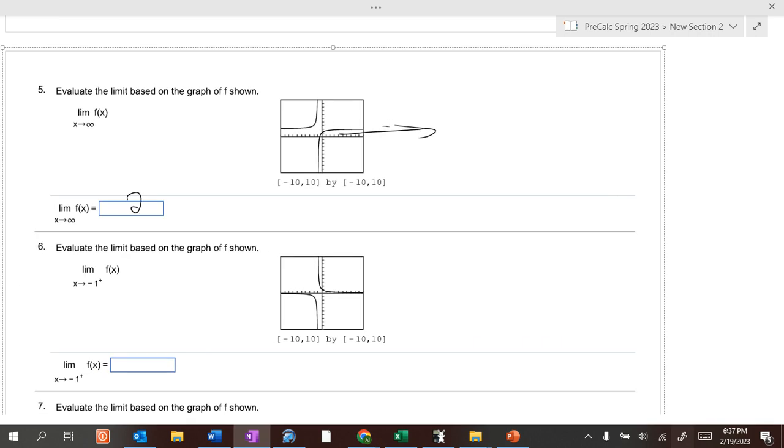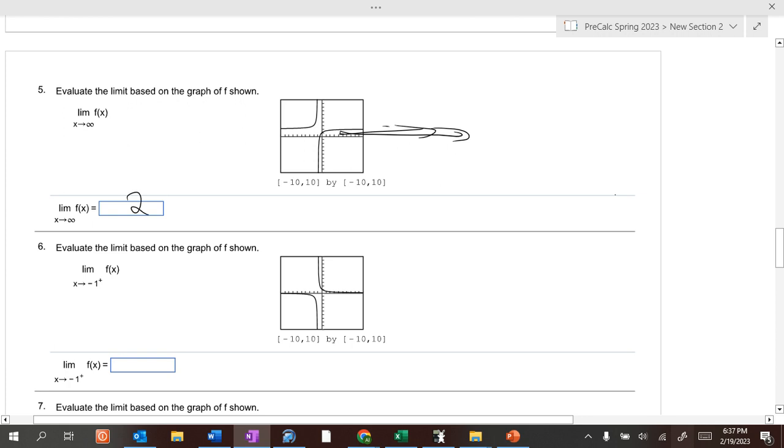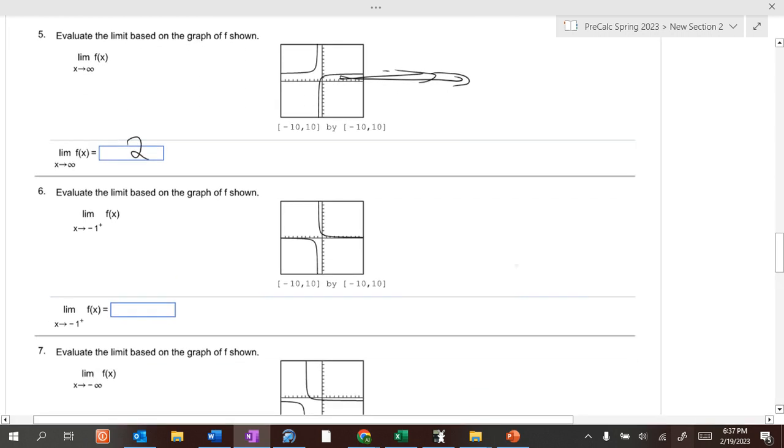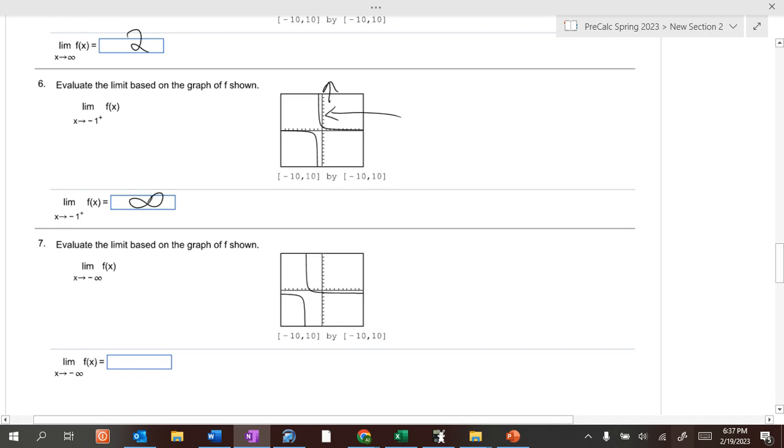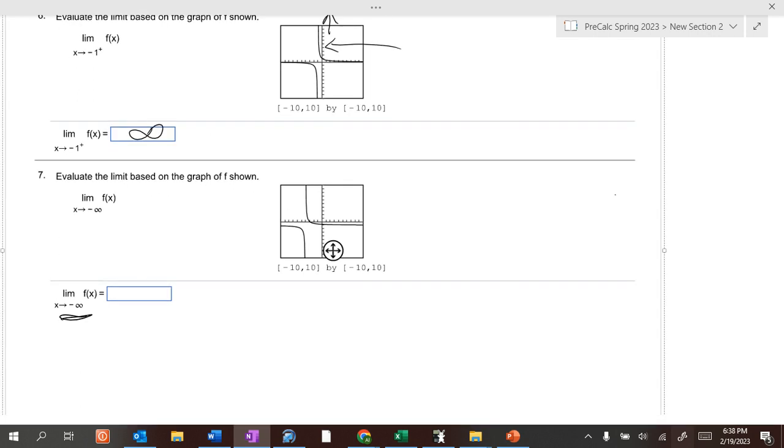So we're going towards 2, because as we go further this way, it's getting closer to that horizontal asymptote, which is 2. As we're going towards -1 from the right, we're going up. We're going towards infinity. As we're going towards negative infinity, as we're going this way, we're getting closer to that horizontal asymptote. Looking at it, it looks like we have a horizontal asymptote at -1.